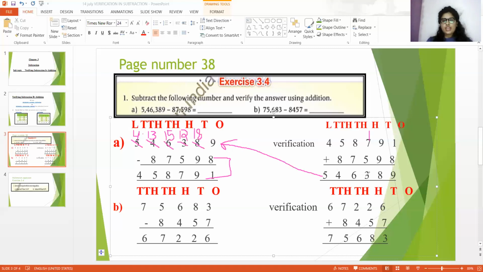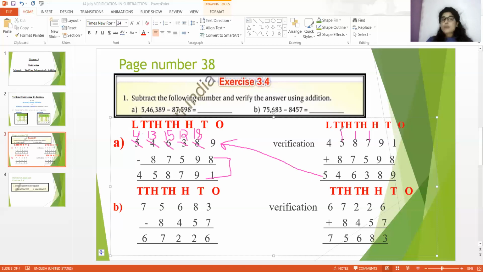So write 3 here and 1 carry over to the next higher place. Now 8 plus 1 is 9. So keep 9 here and 7 on fingers. 9, 10, 11, 12, 13, 14, 15, 16. So 6 here and 1 here.